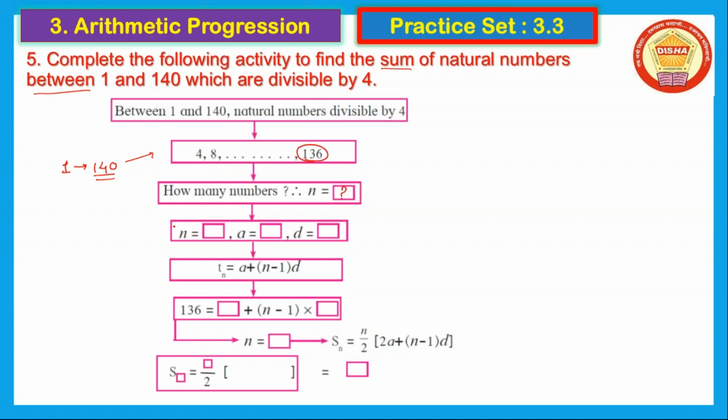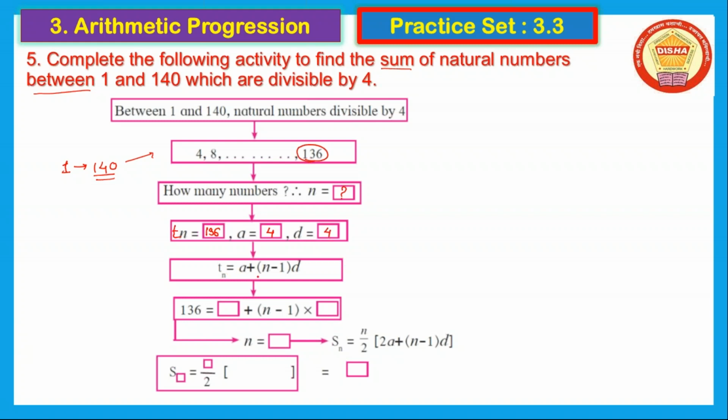Instead of n we are taking tn, that is the last term in the given sequence, which is equal to 136. The first term is 4. The common difference between any two consecutive terms is also 4.